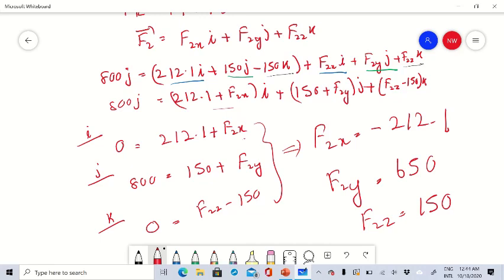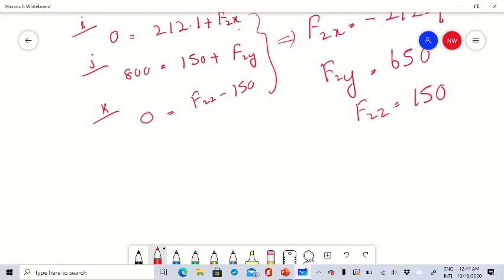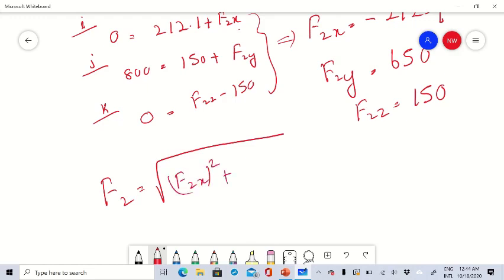So from this you can find the magnitude of the F2 force. F2 force magnitude is equal to square root of F2x squared plus F2y squared plus F2z squared, right?